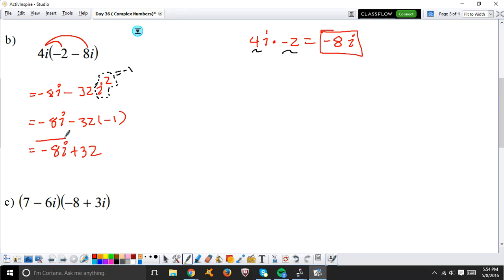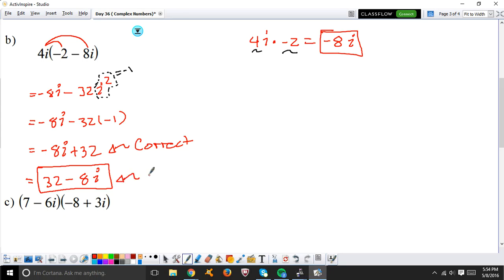Okay, in theory, this is my final answer. But again, we got to rewrite that in standard notation. So we got to put the number first, which is 32. And then we're going to put the number with the imaginary number later. So 32 minus 8i. This is correct. But we prefer to put it in standard form.